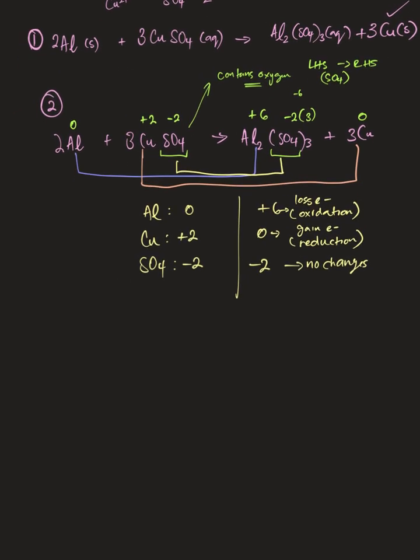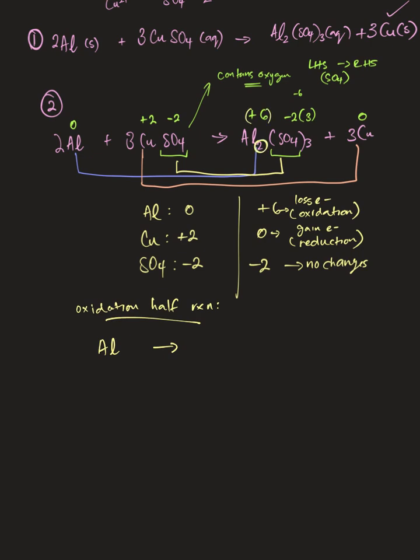Right, now I need half reactions. So let's have a look at what's happening there. The first thing is I've got Al, so let's do the oxidation half reaction. With the oxidation half reaction, I've got aluminium that started off at 0. And then what happened to the aluminium is it turned into, so I just want you to make note, I said plus 6, and remember there's 2 of them.